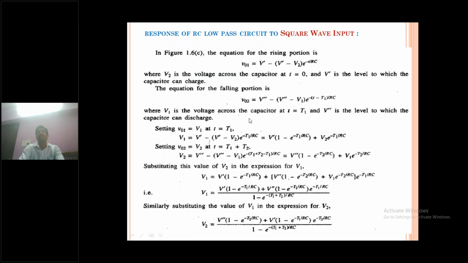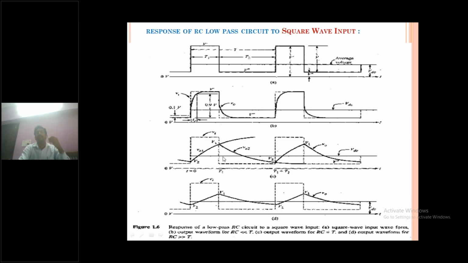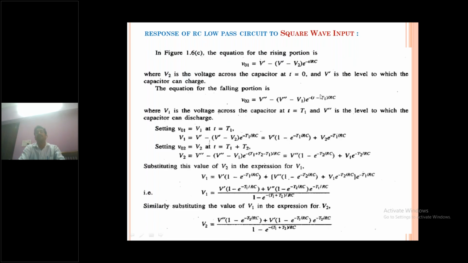That's why the falling portion equation is V02 equals V double dash, the final value, minus of V final minus initial voltage V1, into e power minus of t minus T1. T1 time is already over. You are observing the calculation from capital T1 to T1 plus T2 interval. That's why I wrote the falling portion equation as e power minus of t minus T1 by RC.